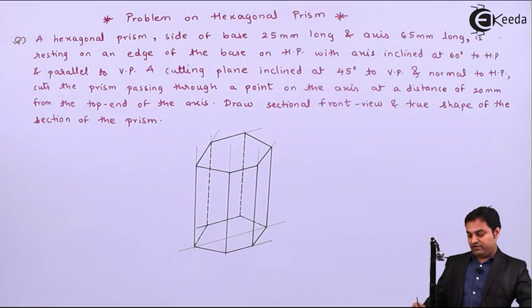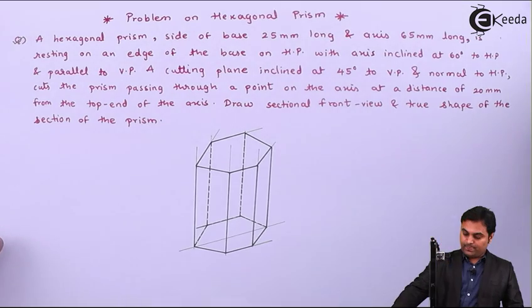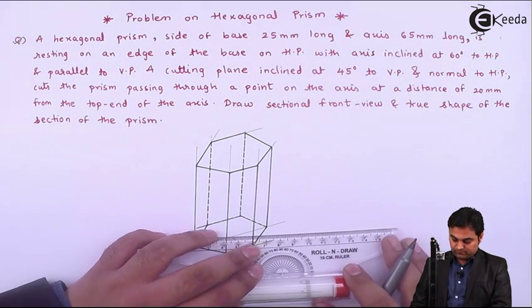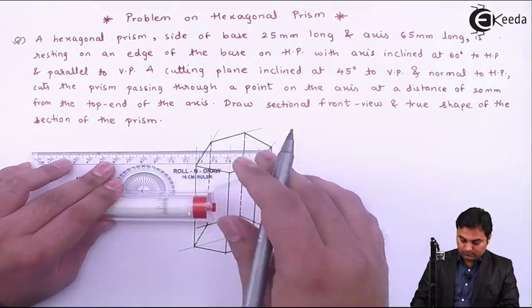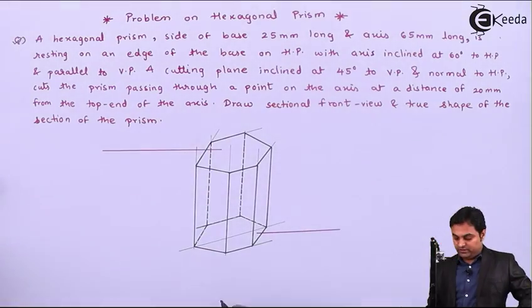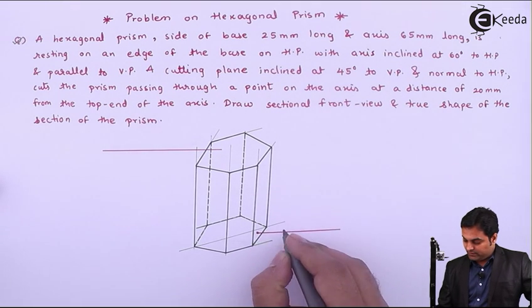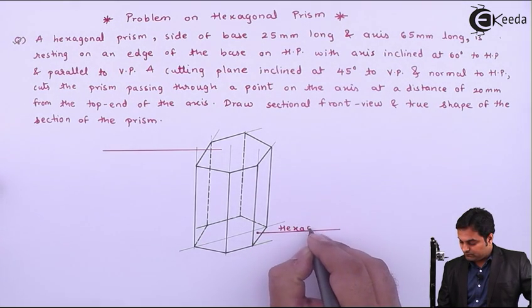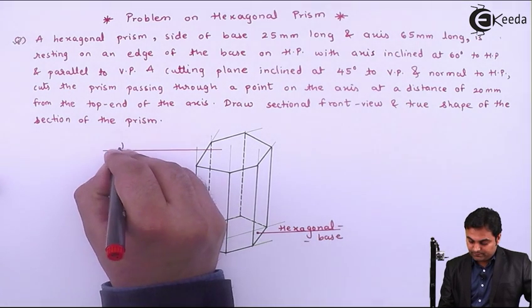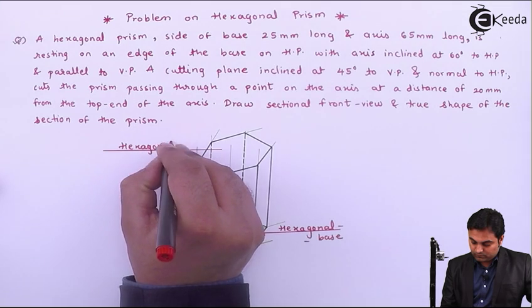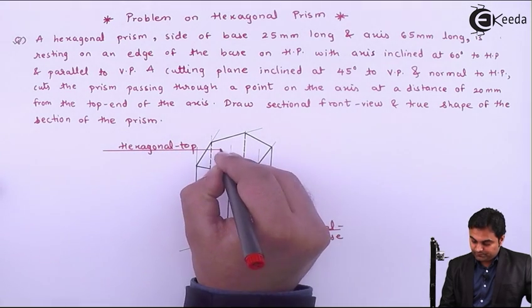So here we have a hexagonal prism. In that there is a hexagonal base and hexagonal top.